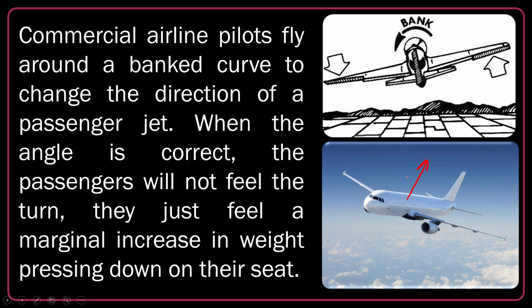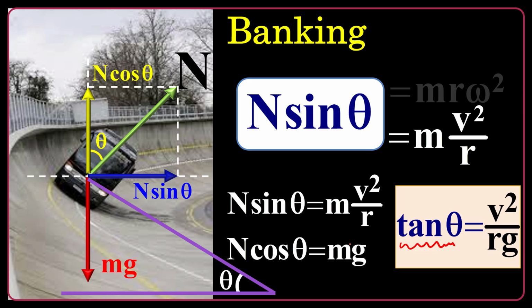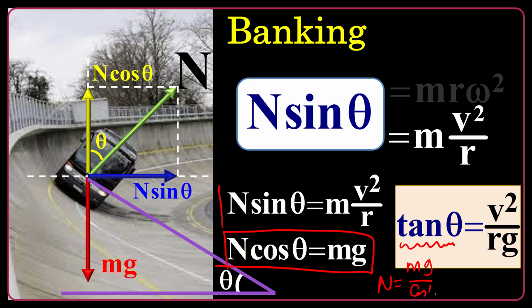Actually, it's larger than mg. When the airplane is horizontal, passengers feel a normal force equal to mg. Well, you can easily show that here the normal force is larger than mg. The reason I will tell you, because I told you in the previous page we had n cosine of theta is mg, so because of that n is going to be mg divided by cosine of theta.